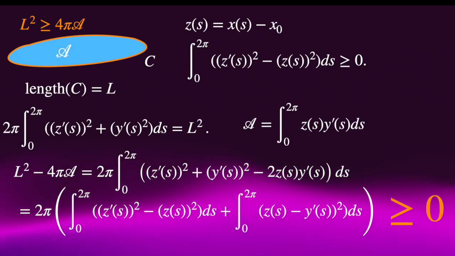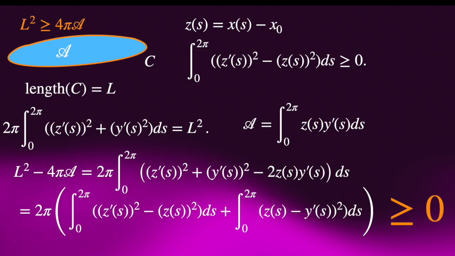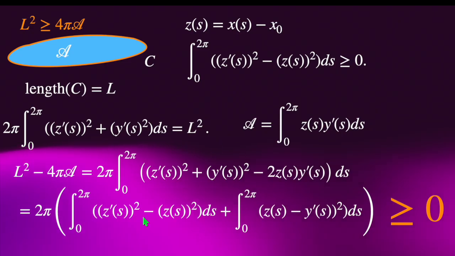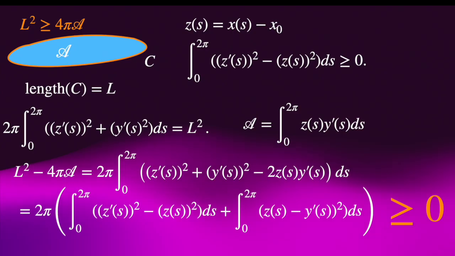Now we will deal with the equality. We will see when we have the equality, namely that this quantity is equal to 0, and this quantity is equal to 0 since we have here the sum of two positive quantities. This means that this quantity is equal to 0 and this one equal to 0. And we know that the integral of a positive continuous function vanishes if and only if the function vanishes.